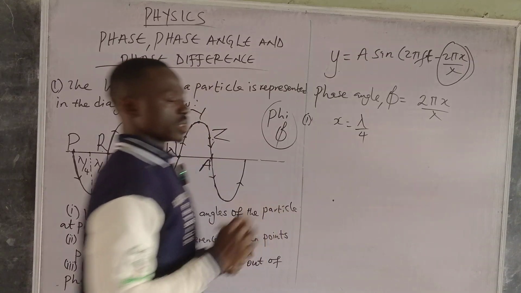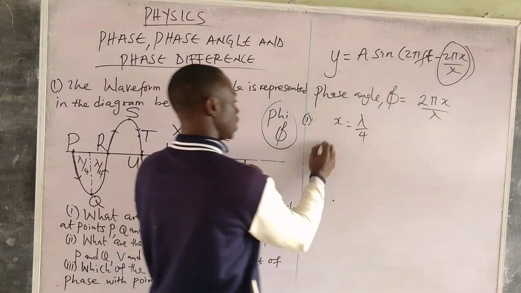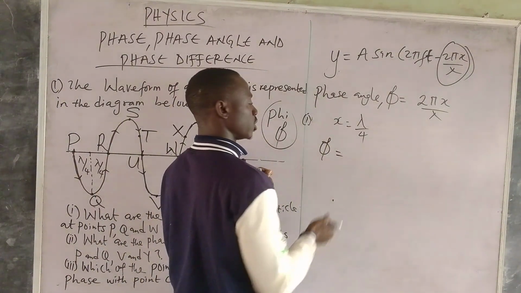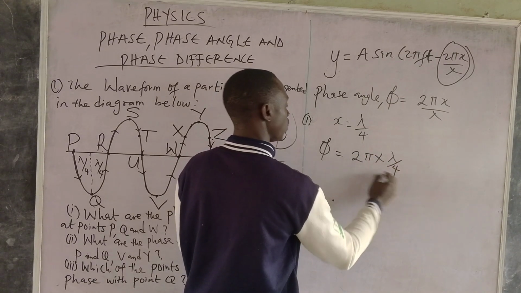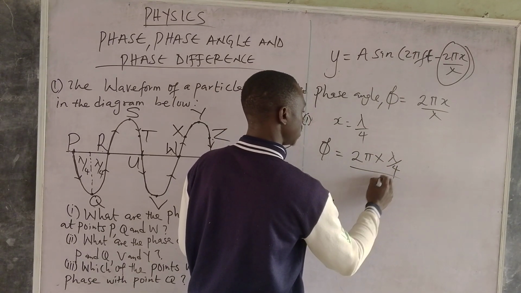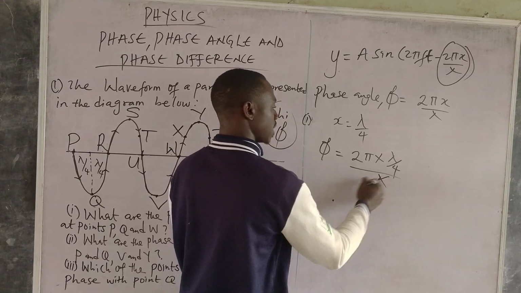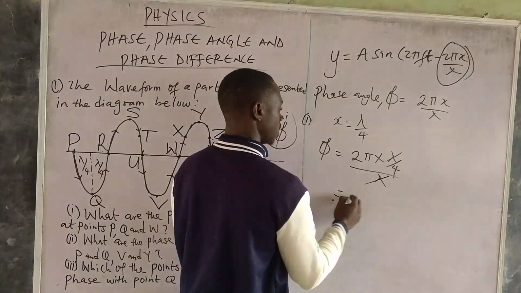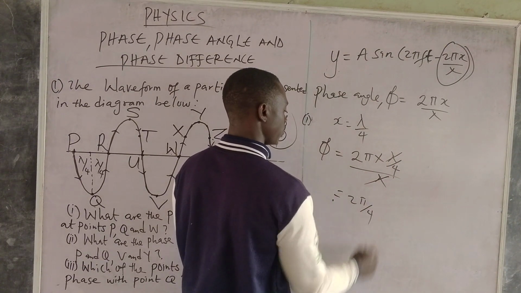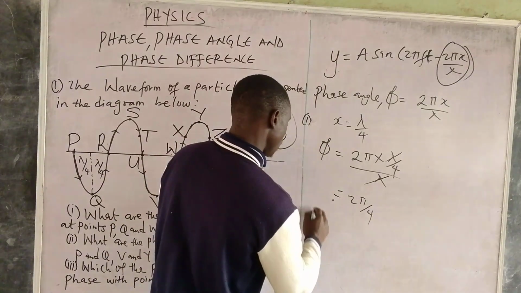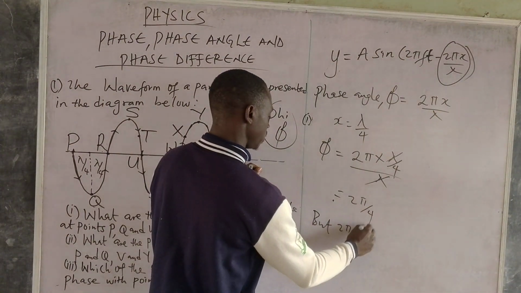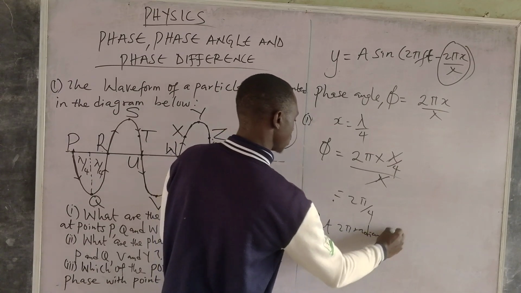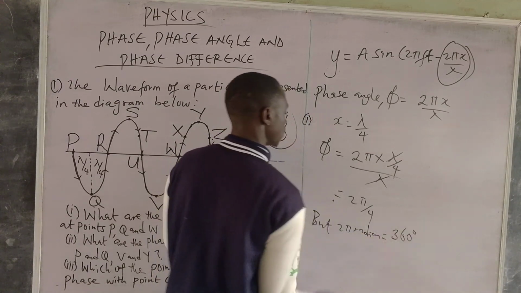Now we are going to substitute that here. So phi, which is the phase angle, will now be 2 pi times lambda over 4, all divided by lambda. Now lambda can cancel lambda, so that we now have 2 pi over 4. Now what is 2 pi? Our pi is in radian, and 2 pi radian is 360 degrees.